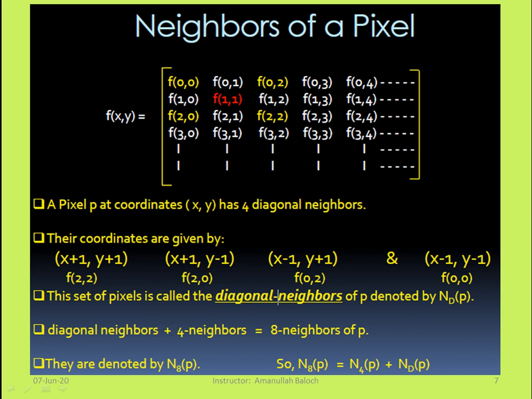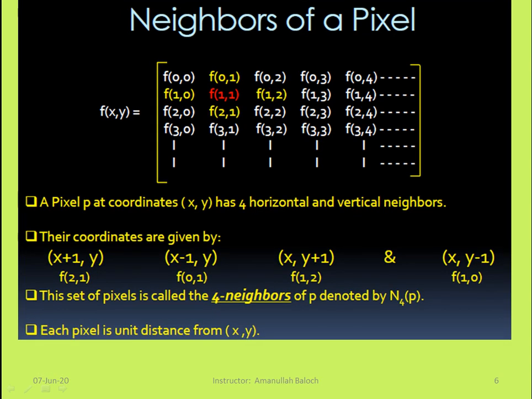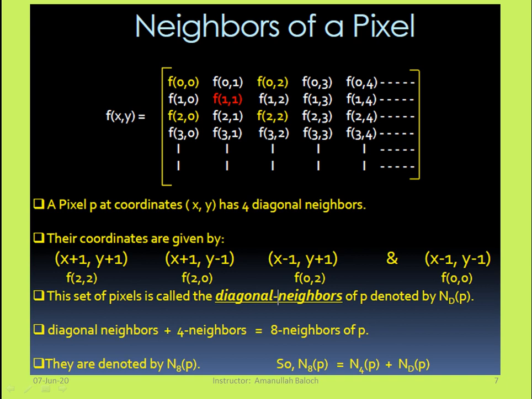This set of pixels is called the diagonal neighbors of P, denoted by ND of P. The previous 4 neighbors are called N4 of P, the 4 neighbors of pixel P, while these are called ND of P, the diagonal neighbors of pixel P. Diagonal neighbors plus 4 neighbors, the total becomes 8 neighbors of P. So this red pixel has 4 horizontal and vertical neighbors and 4 diagonal neighbors.